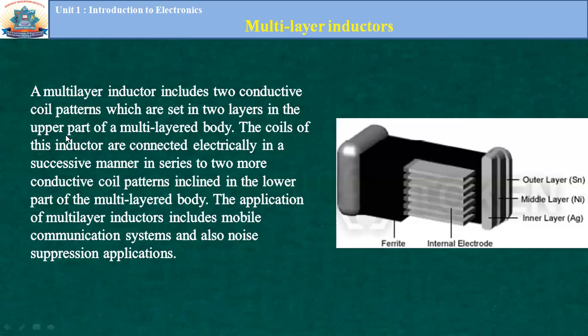The coils of these inductors are connected electrically in series. You have two or more conductive coil patterns in the lower part of this multi-layered body. Definitely this is a very small miniature sized inductor, so it is used in applications such as mobile communication systems or for noise suppression.